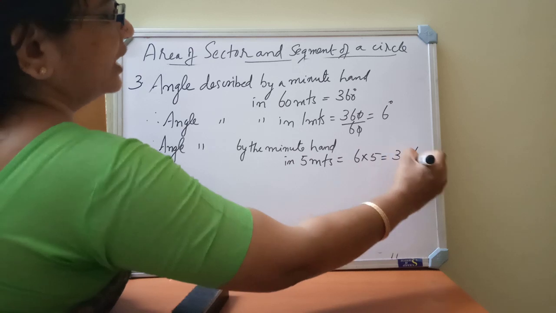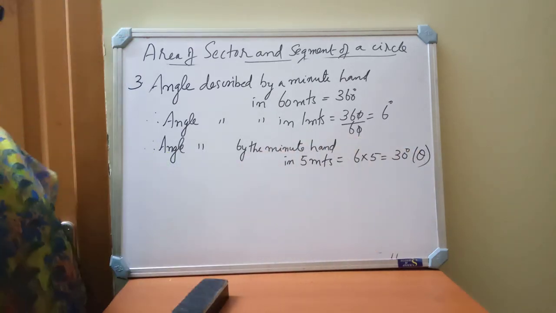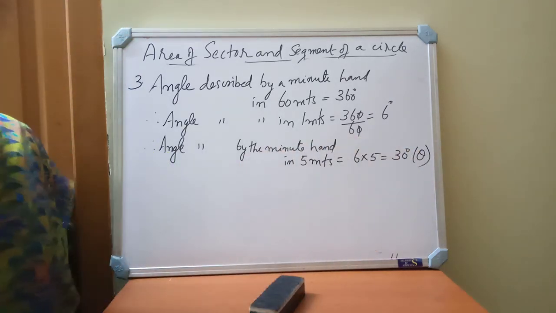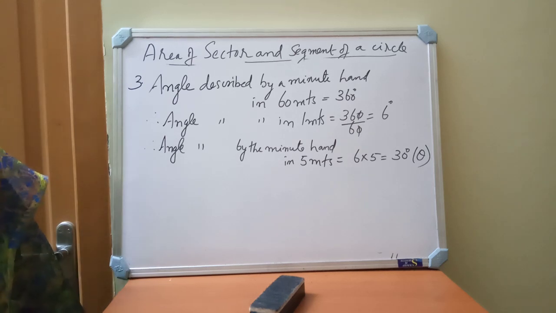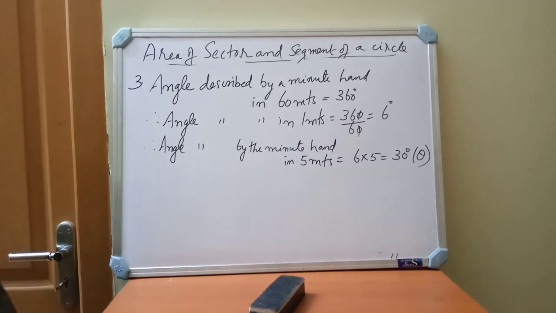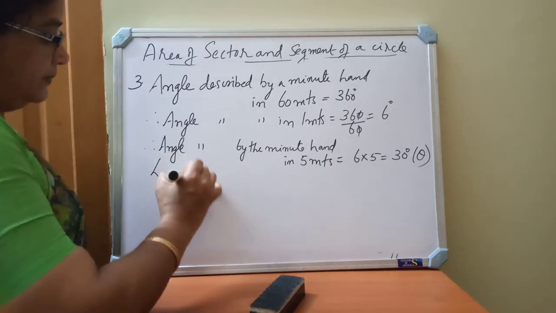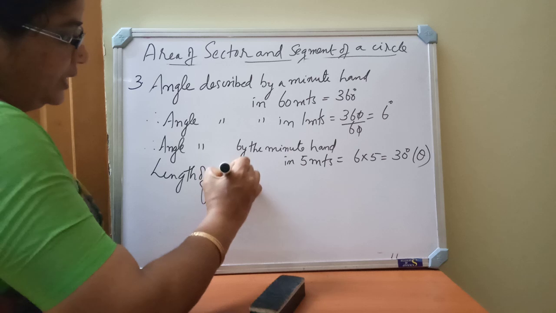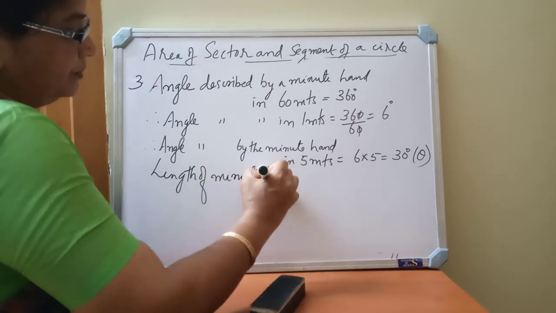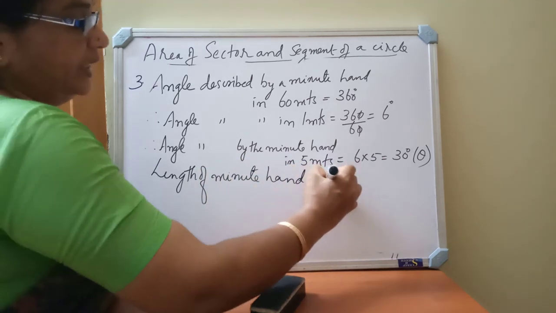So we got the value as theta as 30 degree. So what is the radius given in this question? Length of the minute hand is acting as the radius. Okay. So length of minute hand is what? Length of minute hand is equal to, yes, 14 centimeter.